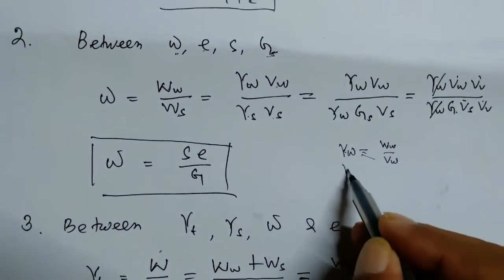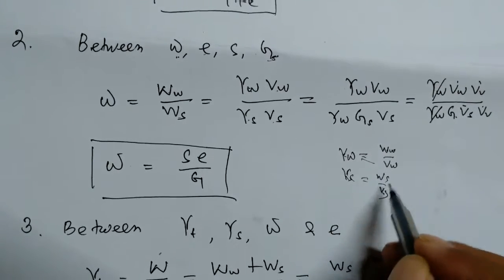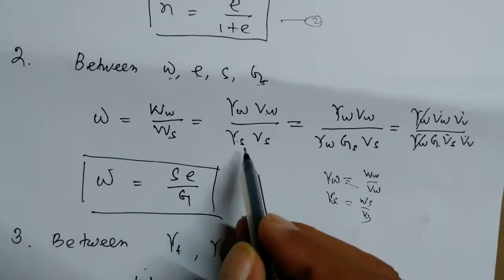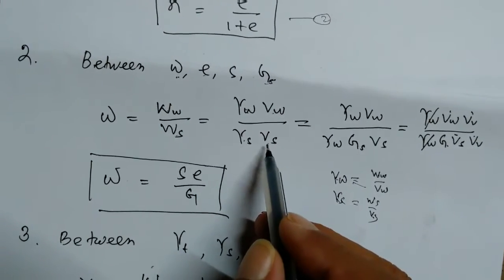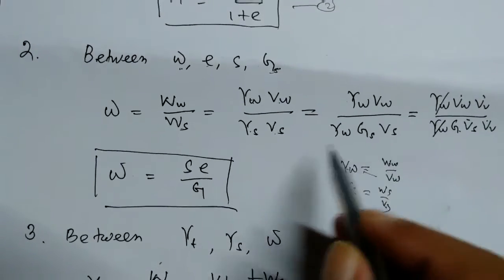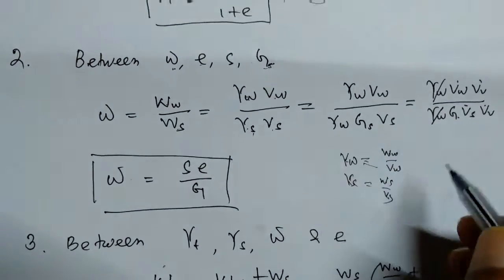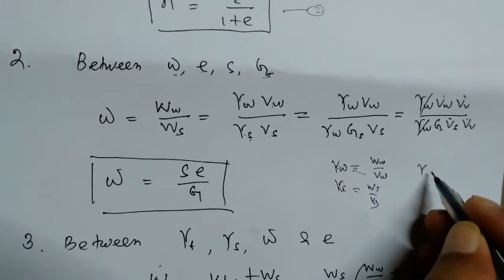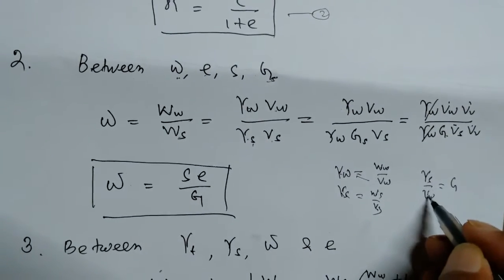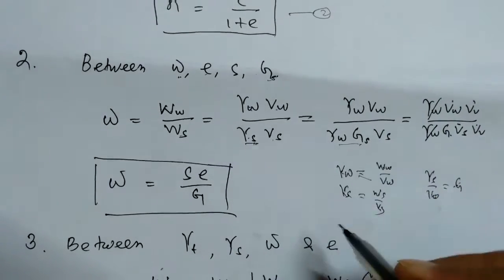If you remember that unit weight of solid is equal to weight of solid by volume of solid, so these two multiplied will give you Ws. So in place of Ws, one can write gamma S into Vs. Now this gamma S can also be written as gamma W into G, because gamma S by gamma W is G.